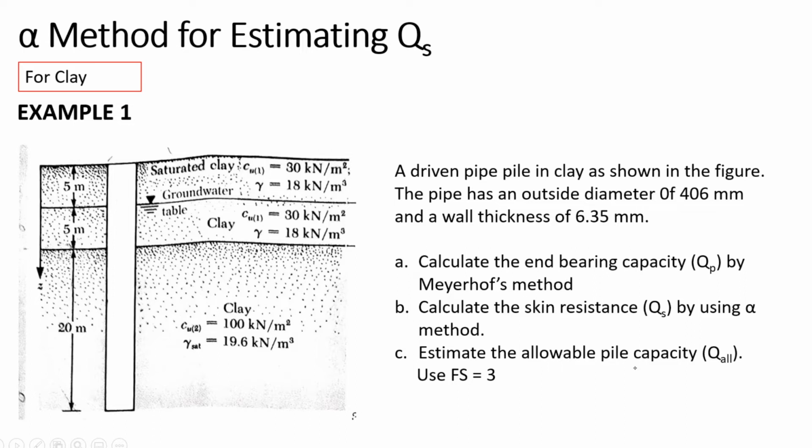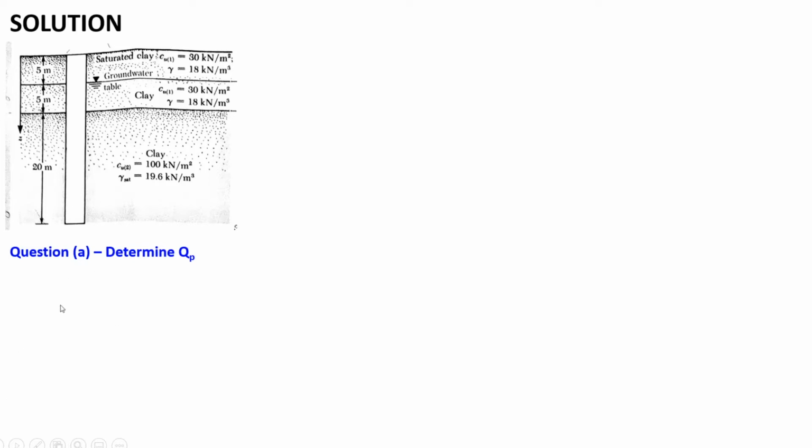So in this exercise, we will combine them to get the allowable capacity by calculating the Qp and the Qs. As mentioned in the previous video, we get the Qp using Meyerhof's method for clay soil. So we will go through it together, just like a recap.